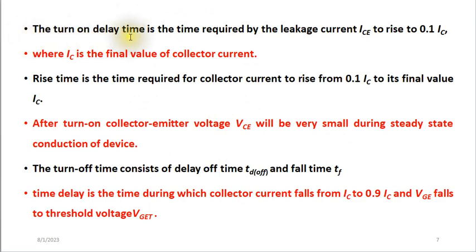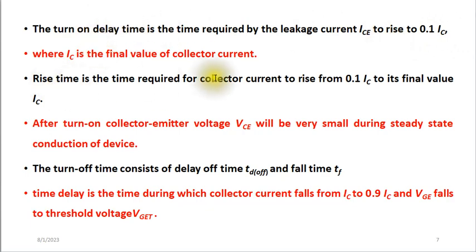We said the turn-on delay is the time which is required for this current, that is the ICE, to rise from 10% of its maximum value to the peak value, which is the IC. So the time from 0 to 10% is what we call the delay time during turn on.